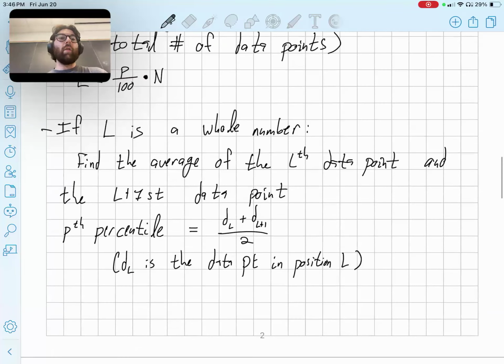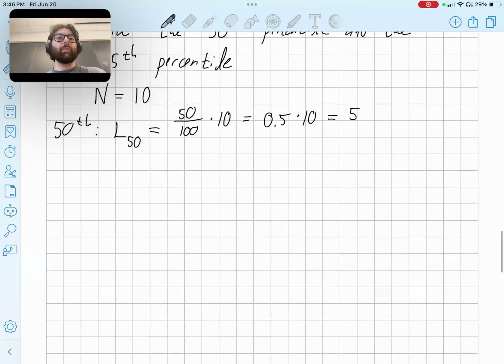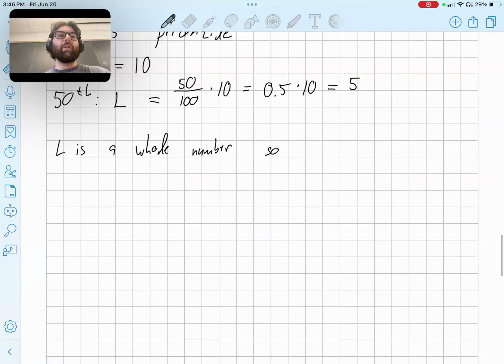Now, is L a whole number or not a whole number? Well, L is 5, so it's a whole number. And so, I'll get rid of that 50 for the notation.